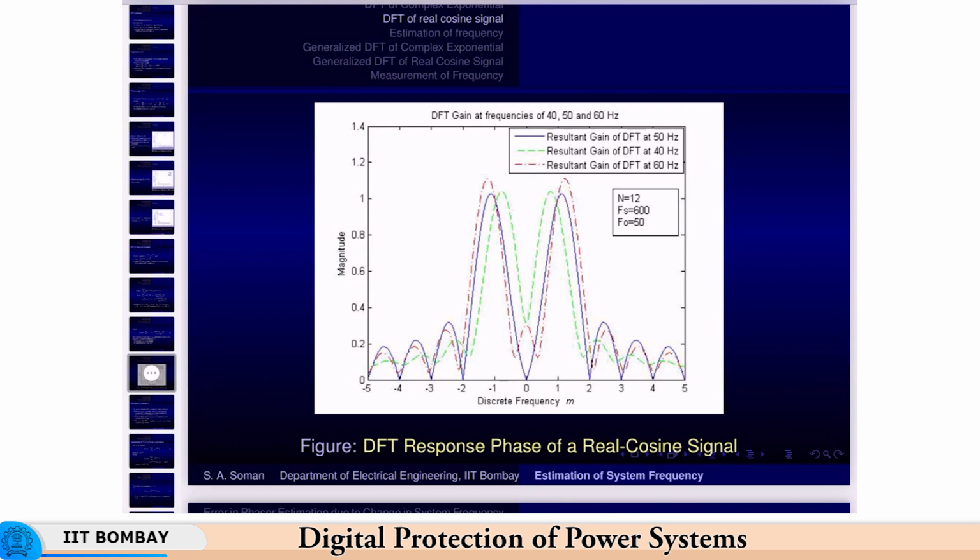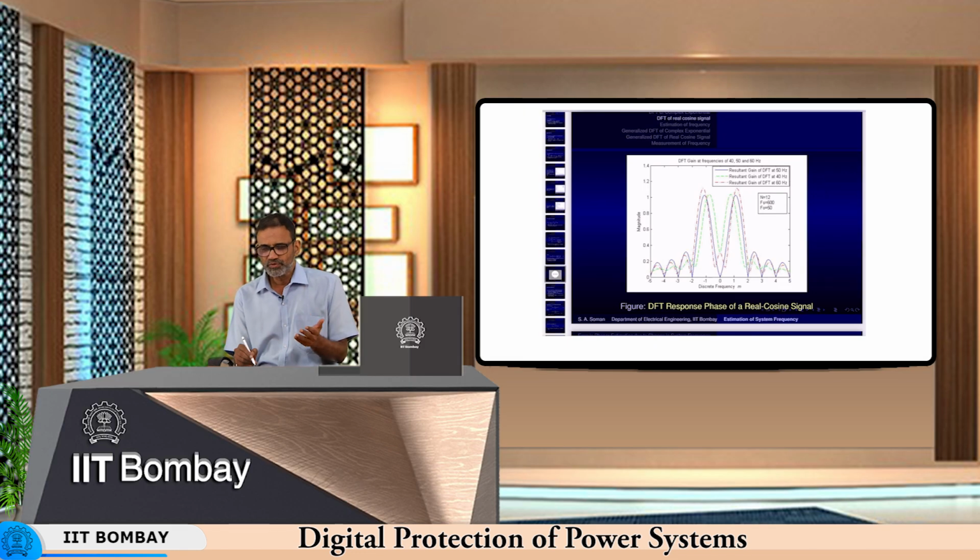Of course, in a 50 hertz system you do not expect frequency to go to either 40 hertz or 60 hertz. It should be closer to 50 hertz, like 48.5 and say 50.5 or so. So this is just shown for the sake of illustration that the leakage that can occur can be quite significant in this case.